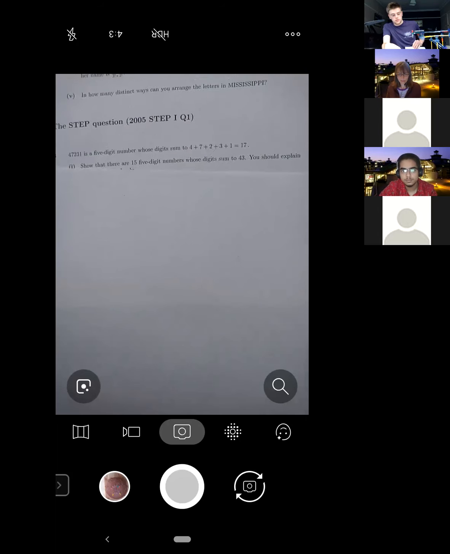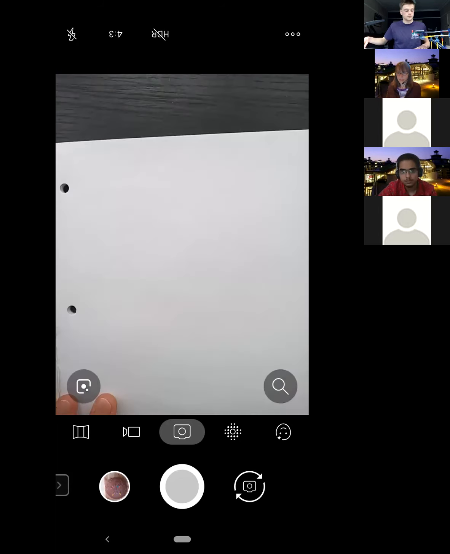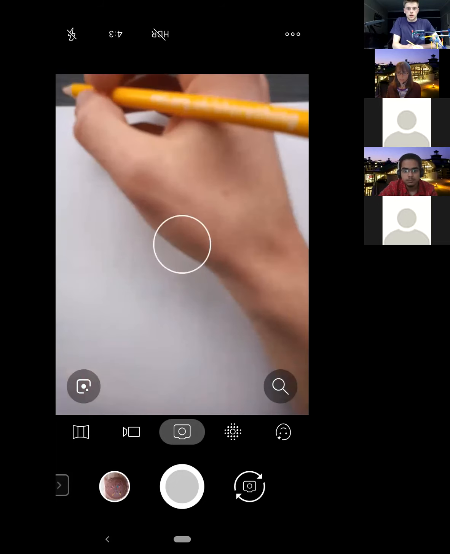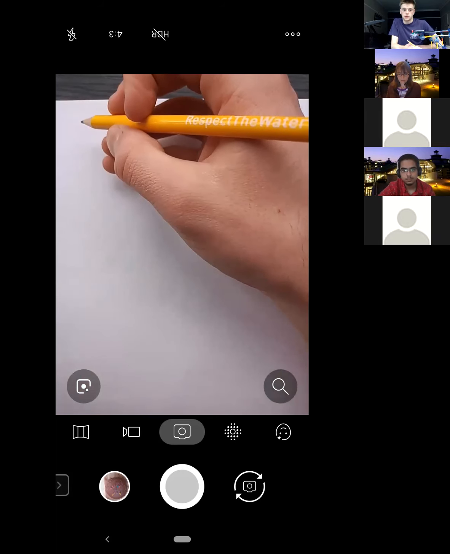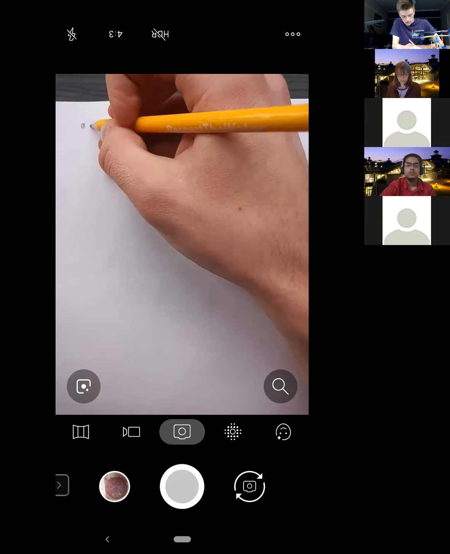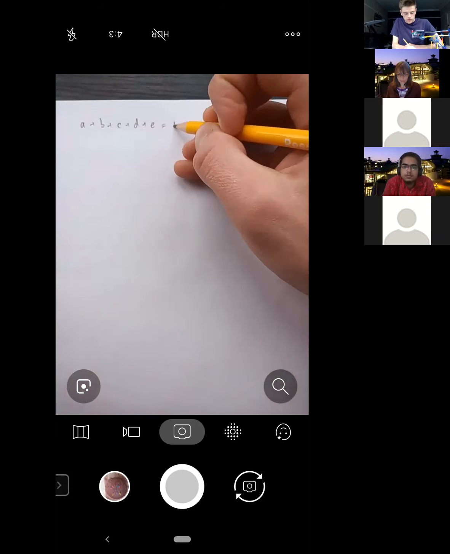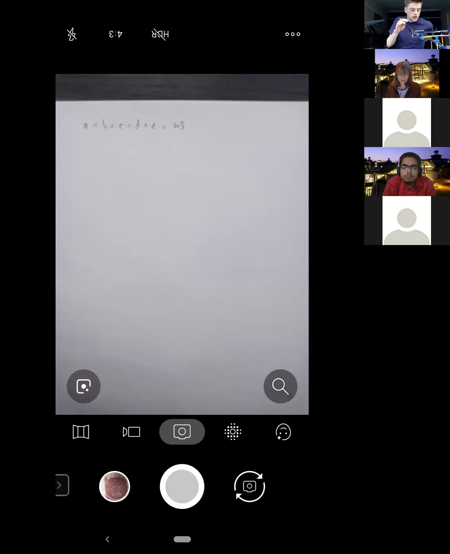Okay, so let's just think about this. The first thing I did whenever I was trying to solve this question was just think, we're trying to get 43. We've got 5 numbers, and these numbers are limited to 0 and 9.